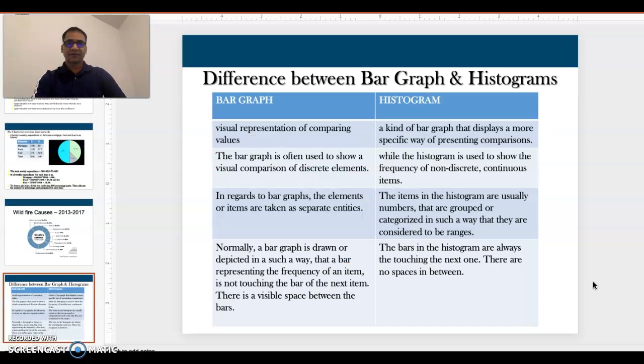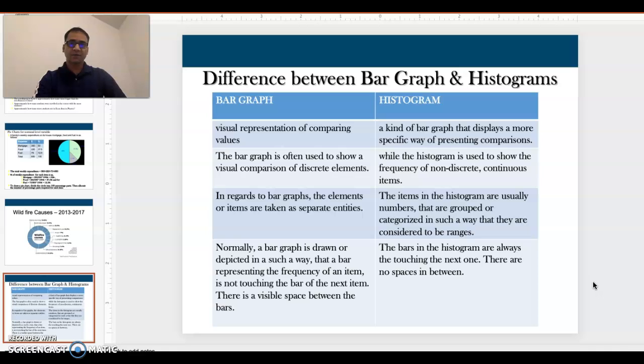For bar graphs and histograms, we'll look at how a histogram looks, but essentially they are different and unique. Bar graphs are a visual representation for comparing values. However, the kind of bar graph that displays a more specific way of presenting comparison is the histogram.